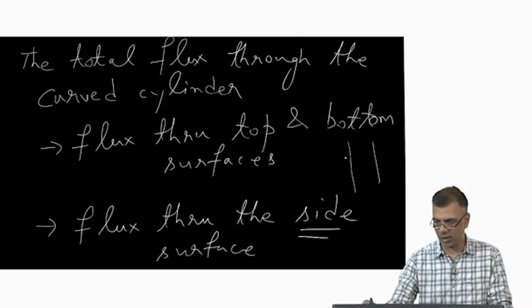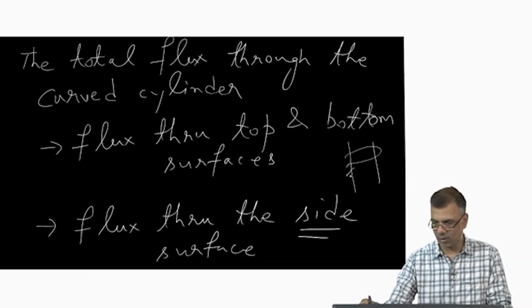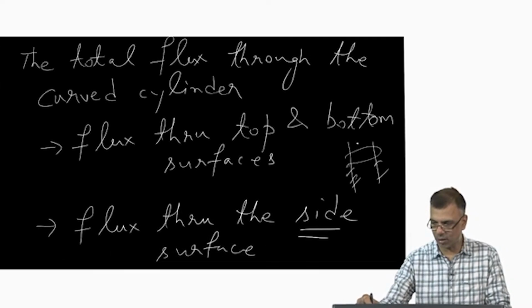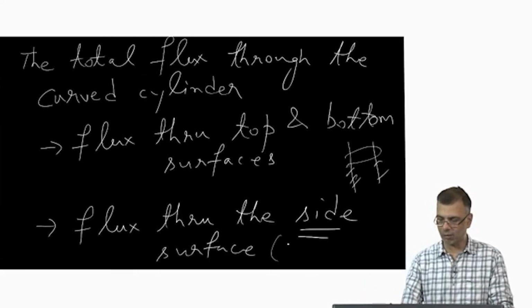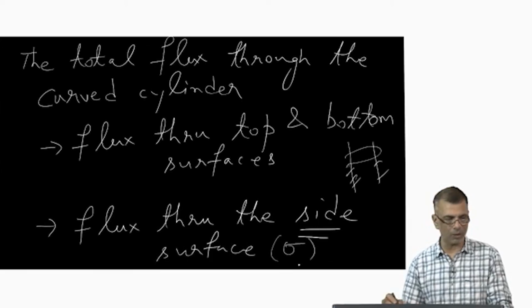In other words, the side surface, this stuff, not the cross-sectional. Let the side surface be called sigma.